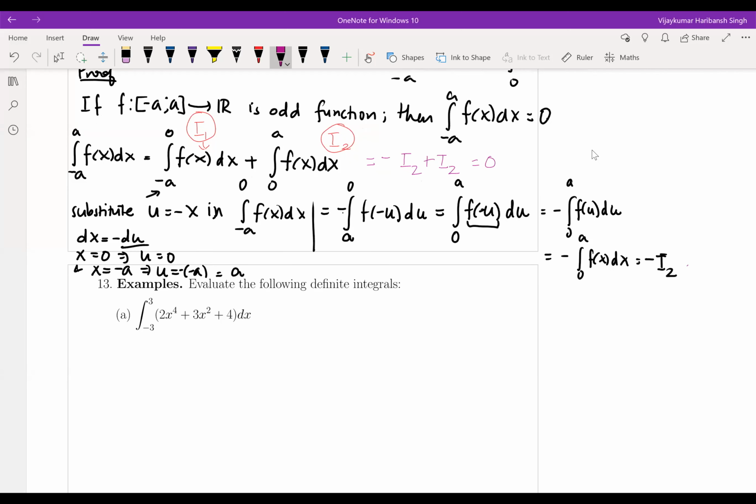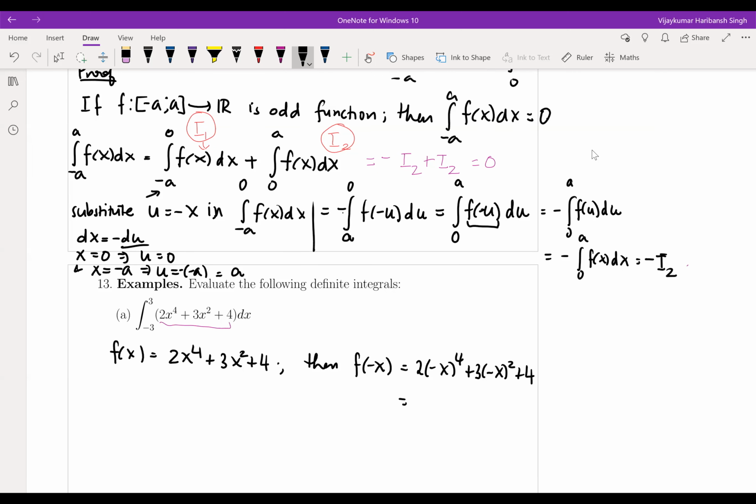So let's try to look at the following problem. You notice right away that this function is an even function. Why is that? If you take f of x equals 2x to the 4 plus 3x squared plus 4, then f of minus x is going to be 2 times minus x to the power 4 plus 3 times minus x squared plus 4.